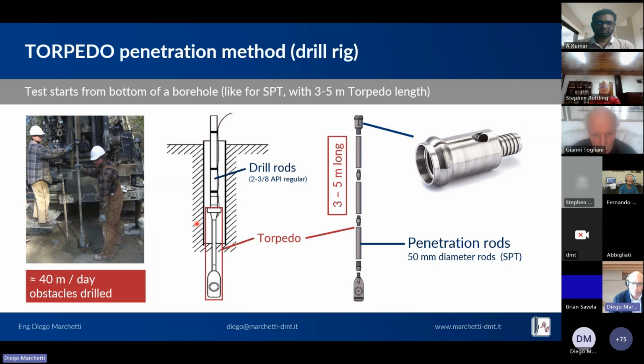So a borehole is performed, and then this torpedo with the cable is connected to the drill rods, lowered to the bottom of the borehole, push every 20 centimeters and perform the measurements.